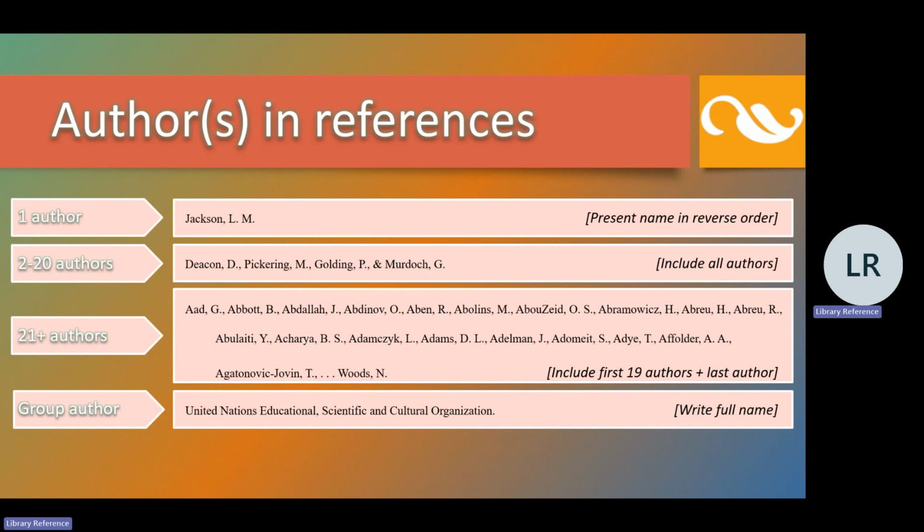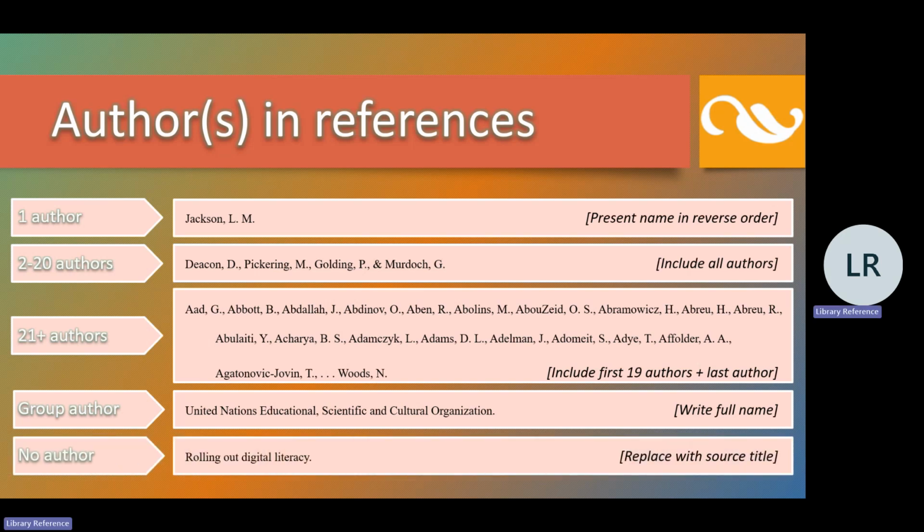We will need to write it out and replace it with, in this case, United Nations Educational, Scientific and Cultural Organization. So group authors are always presented in full in the list of references.